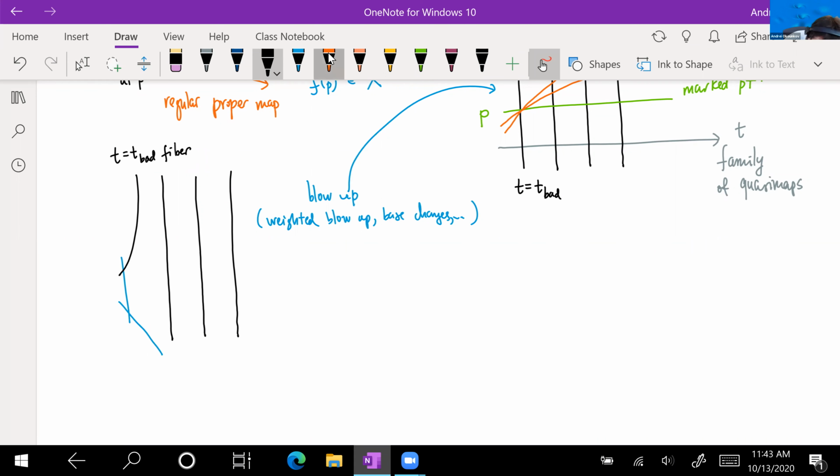And then once you blow it up, the marked point gets away from the base points. This is not so unlike what we mean in ordinary two-dimensional field theory.